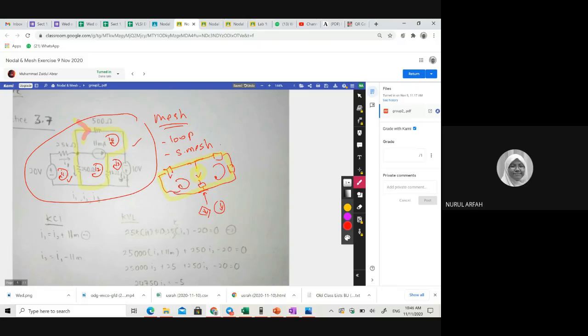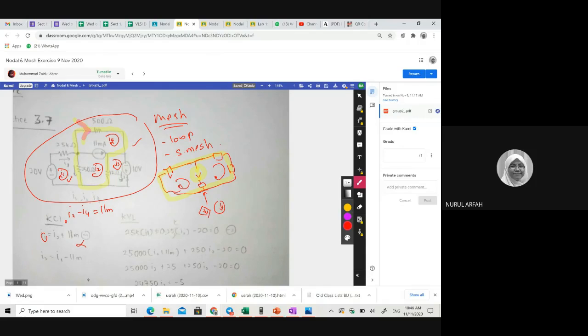Right, next to the I2. And then I4 will be at the top right there. Is it? Yes. Okay. Then I2 minus I4 equals 11 milli. So over here you have I1 and I2 seems right, but this is incorrect.